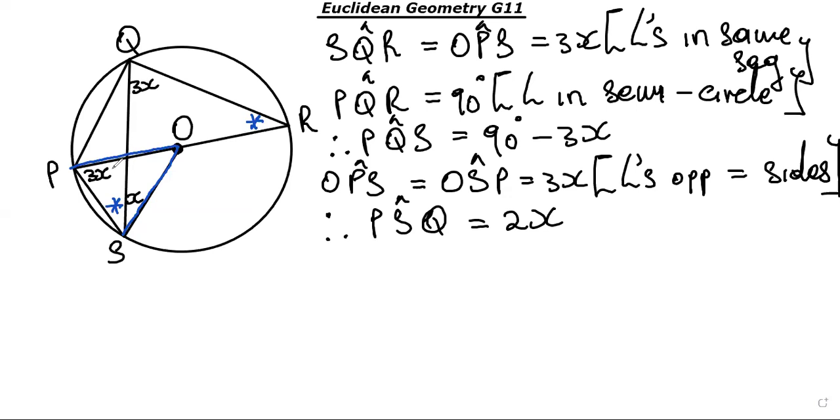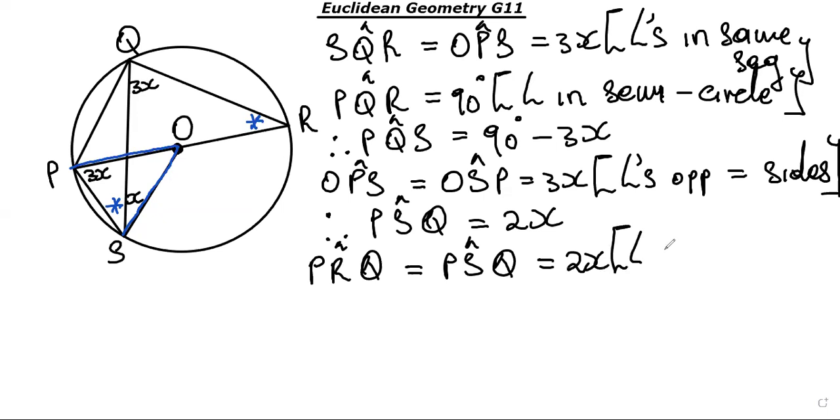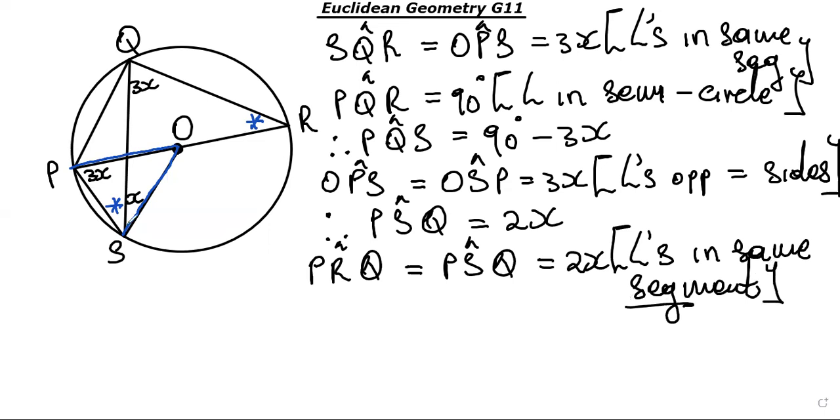So we know that they are angles in the same segment. So we say, okay, angle PRQ is equal to angle PSQ, and both of them are equal to 2x because they are angles in the same segment. Or you can just say seg, that's fine.